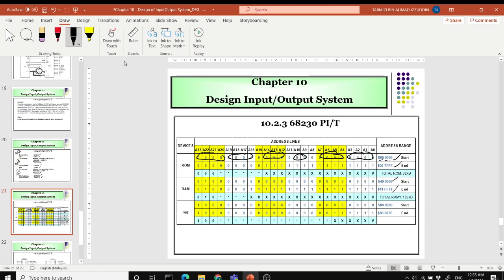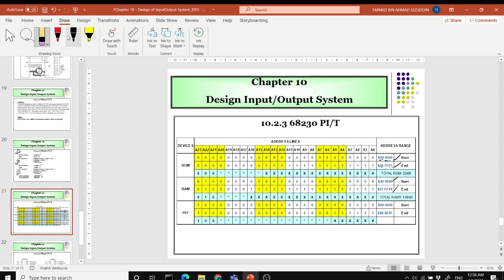Whereas the 007FFF is here, 0 0 7, and subsequently FFFF. Yeah, so 007FFF. So that's how you figure out the binary number for your base address and your end address.